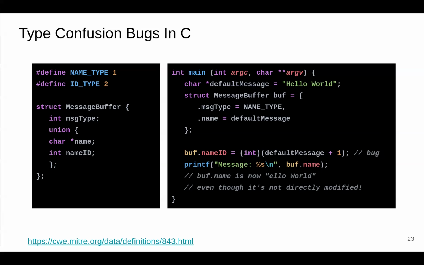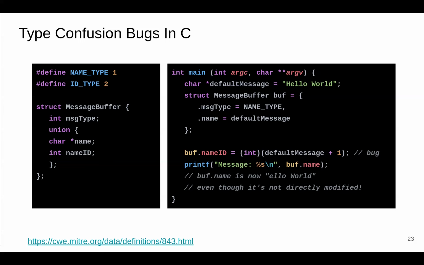I want to quickly add some more detail. There was a lot of confusion regarding C programming. Let me iterate through this again. And I'm aware that not all of you are C programming experts. I maybe should have gone through this in a bit more detail. If we look at struct message buffer, we see an int message type, and then we see a union.